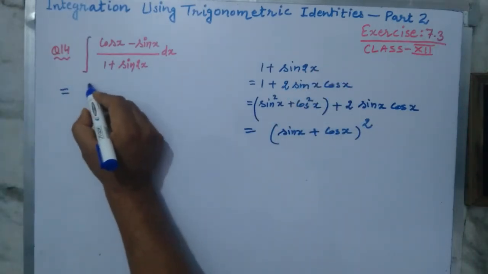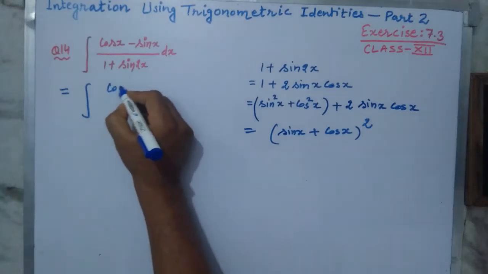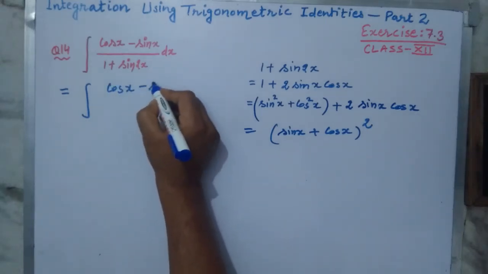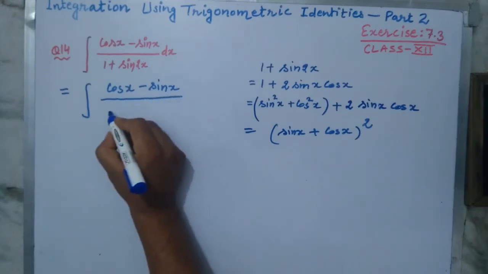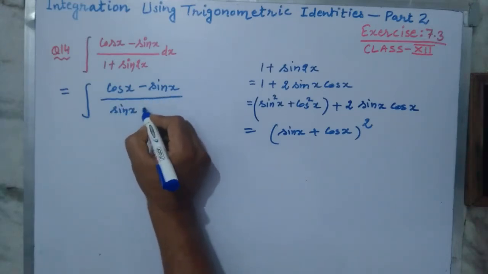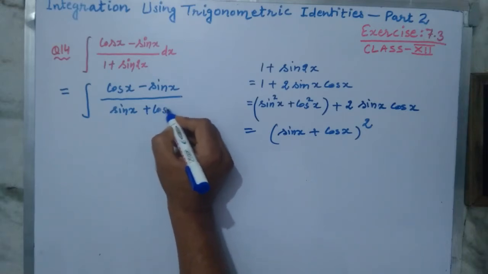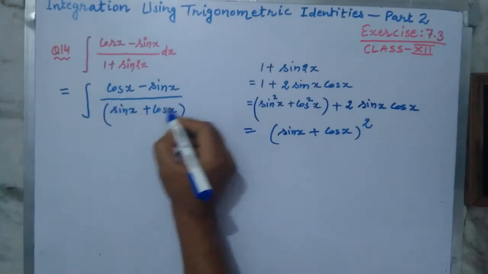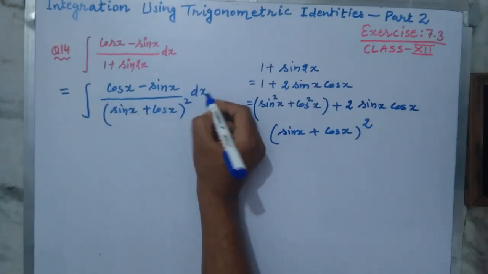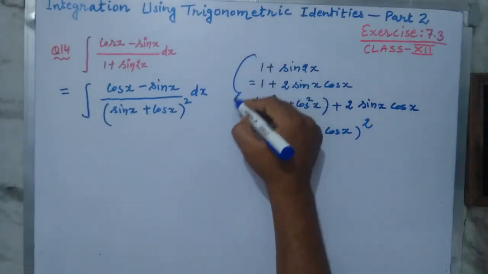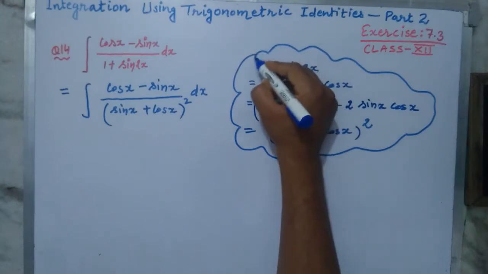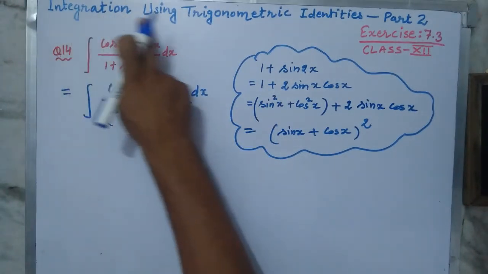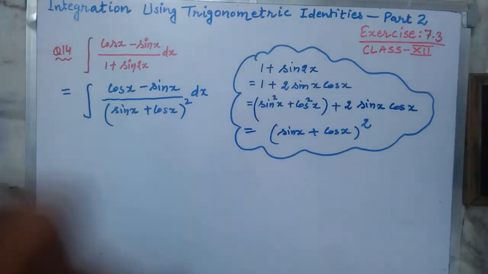So we apply this value here: (cos x minus sin x) whole divided by (sin x plus cos x) whole square into dx. Now first of all we applied this identity in the denominator, integration using trigonometric identities.